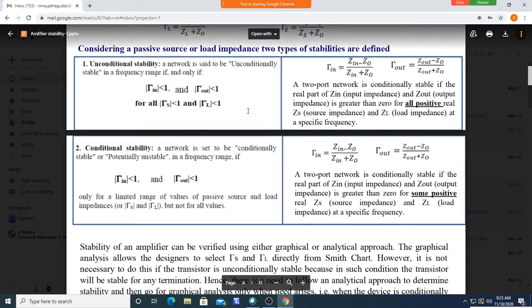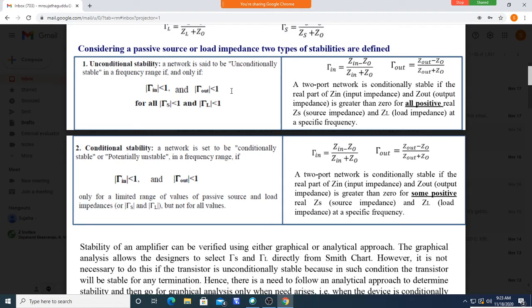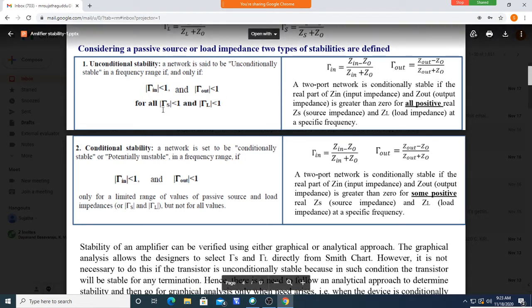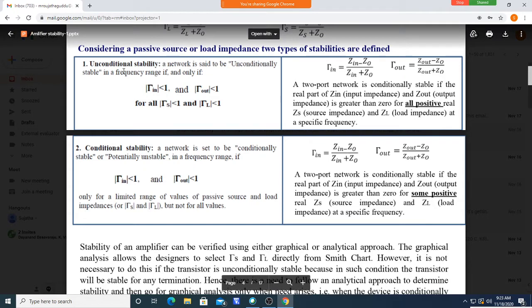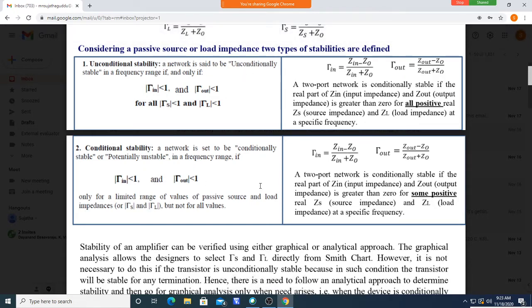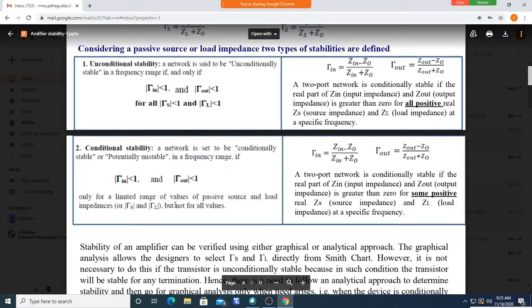If k is greater than 1 and delta less than 1, it is unconditionally stable. That means gamma in and gamma out are lesser than 1 for all values of ZL and ZS. Okay, that is one. But k should be greater than 1 for unconditional stability. If k is lesser than 1, that is called conditional stability.